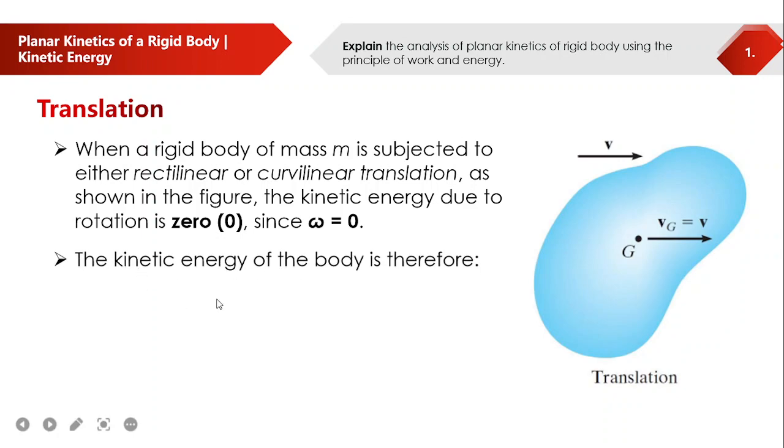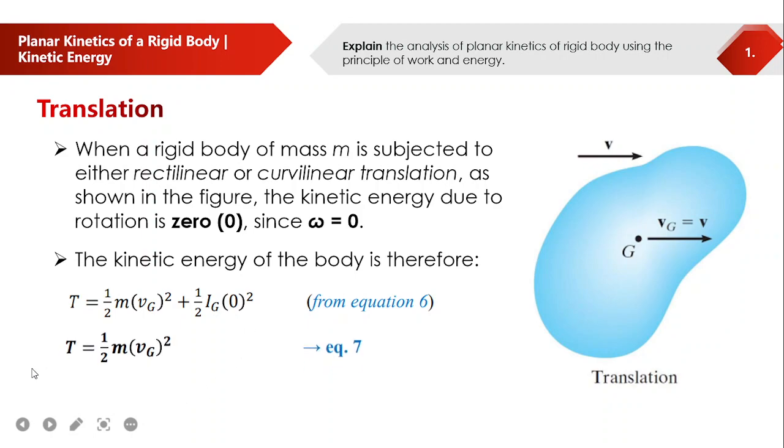So, the kinetic energy of the body is therefore, yung simple lang natin na nakukuha, di ba? So, that will be T, or kinetic energy, is equals to 1 half M times V sub G squared plus 1 half of the moment of inertia times the angular velocity na sinabi natin na wala siya kasi nga hindi siya nag-rotate or wala siyang rotation movement, no?